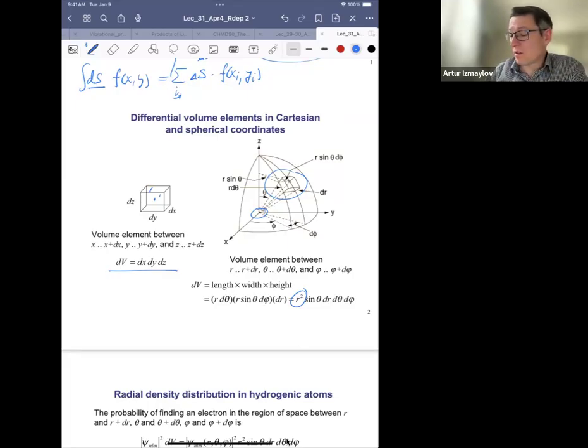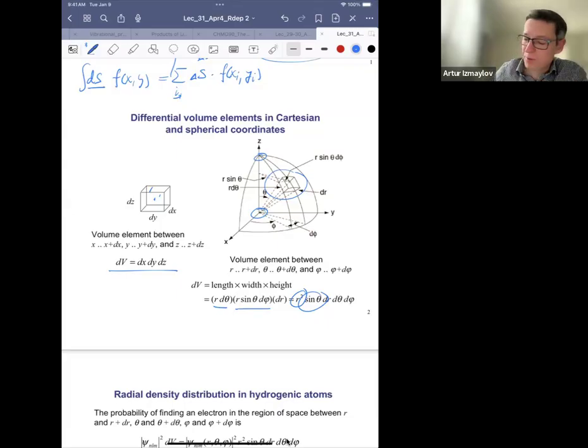And another feature is sine theta, which wasn't a part of the polar coordinate transition. This sine theta is really coming from the fact that the closer you are to the North Pole in this system, the smaller your segment becomes, okay? And r square here could be thought of as coming from two parts, one from theta, another from the r part.